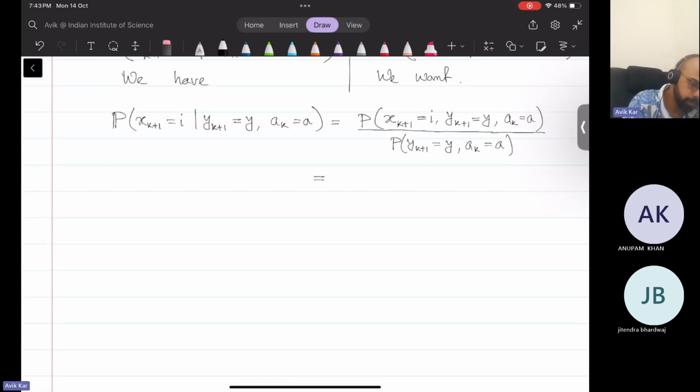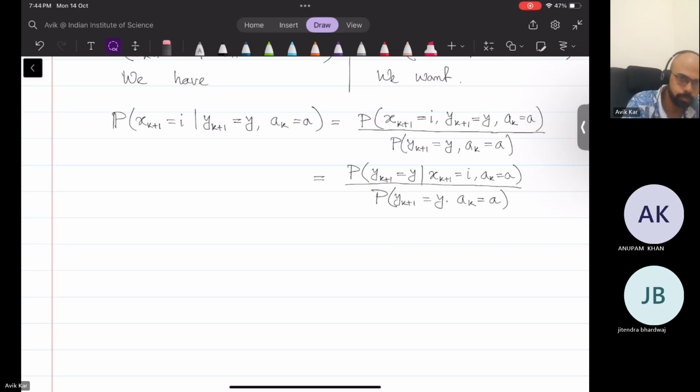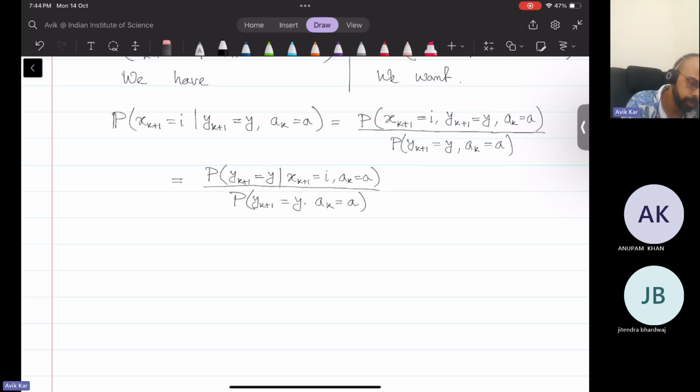Now we have some hope that we can write it as y_{k+1} equals y given x_{k+1} equals i, a_k equals a. Then we have to multiply something, right?